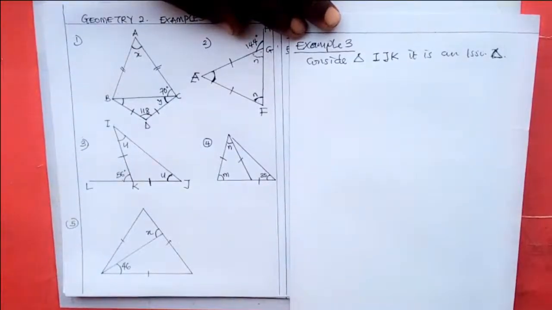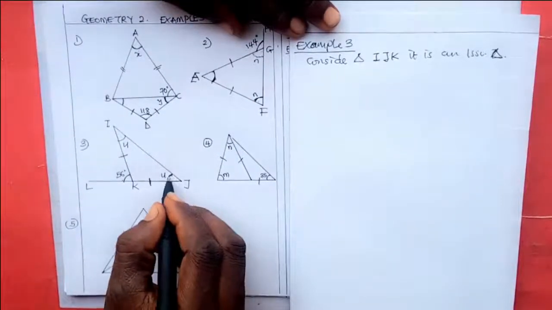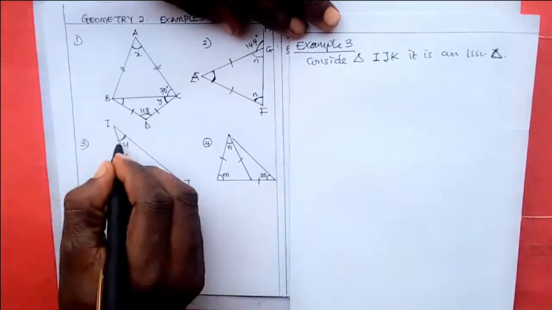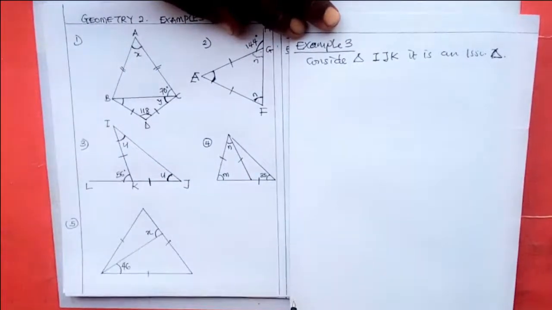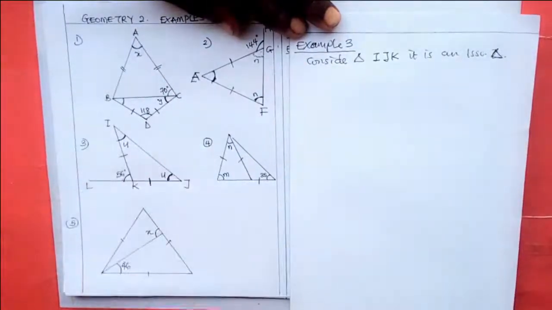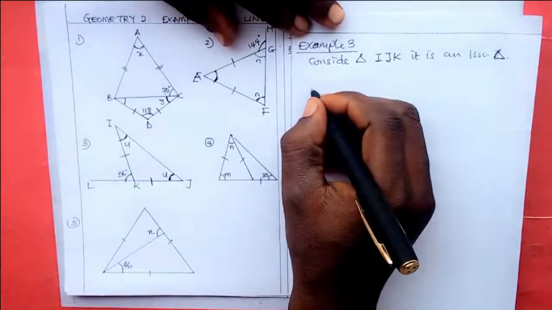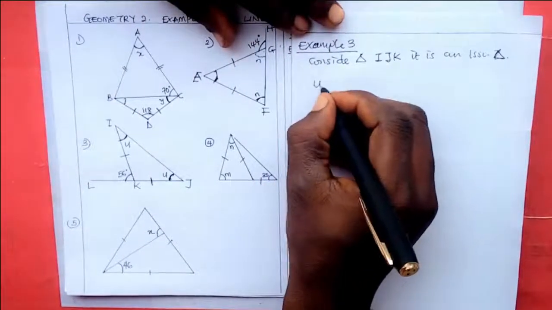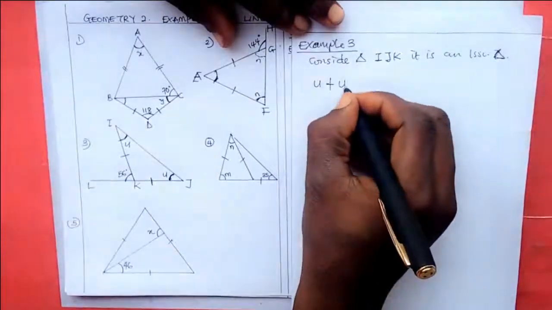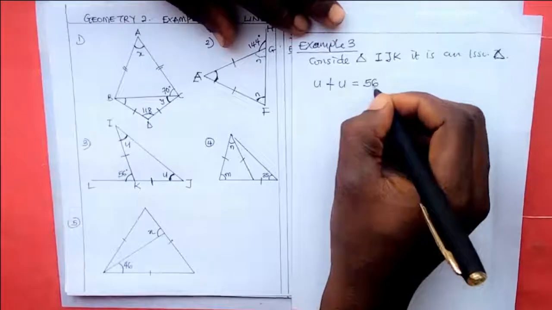So then we move to the next theorem, which we used in the last one, that the exterior angle is equal to the sum of the two opposite adjacent interior angles. So I have U plus U equals 56. Why?